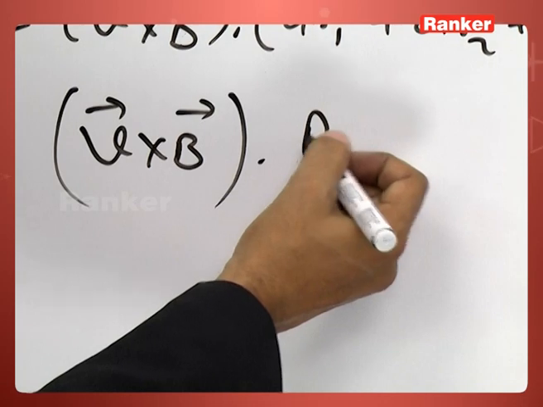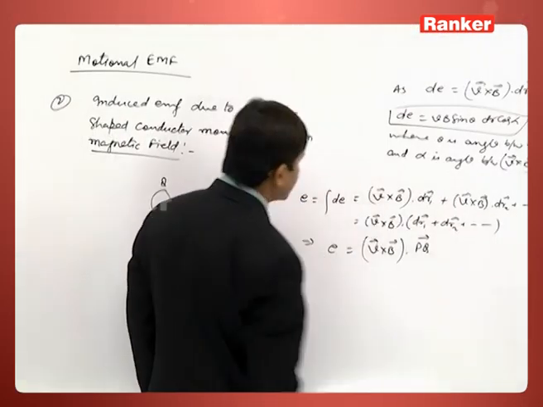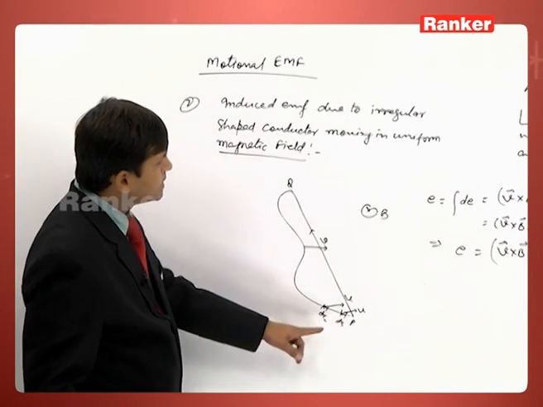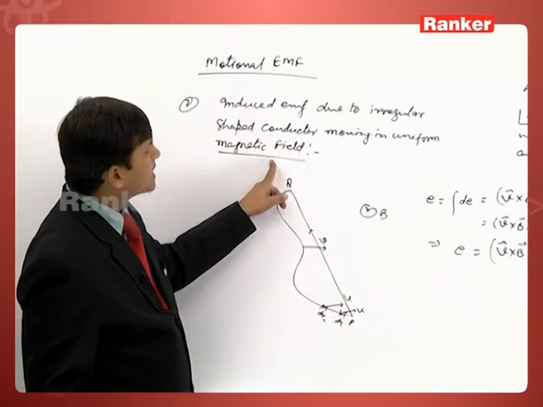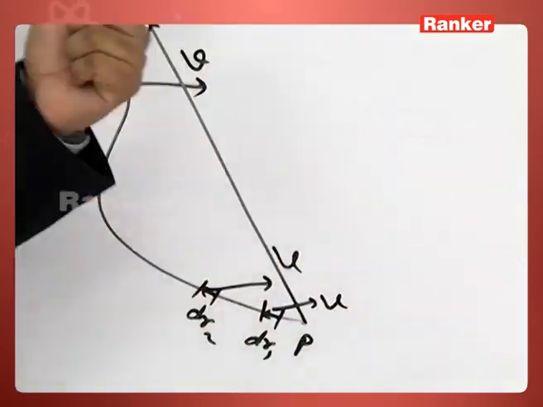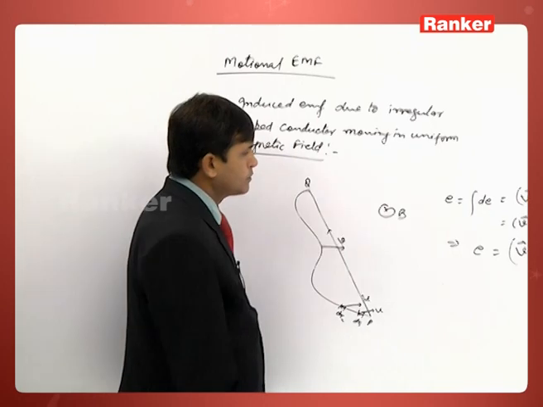So rather than considering individual elements, in a uniform magnetic field we can join the ends of the conductor and directly get PQ.